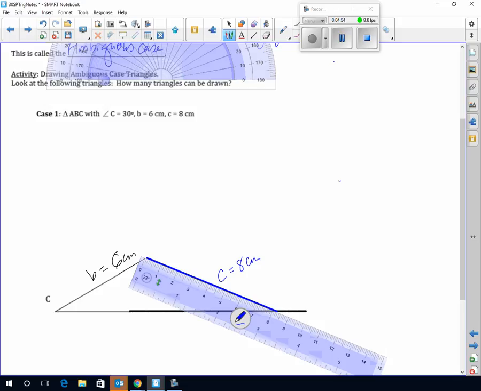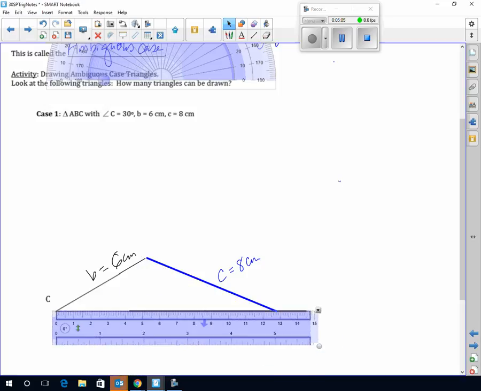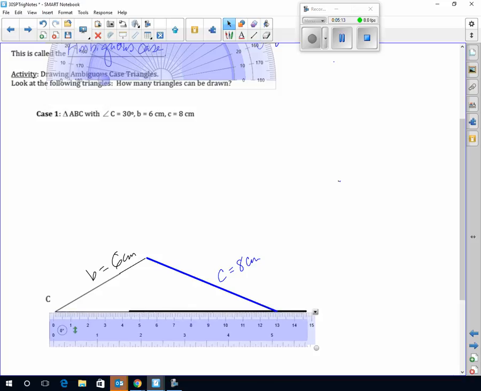Now we're going to measure what A is. I'm sorry? Little a. What'd you get? Centimeters. 12 point.